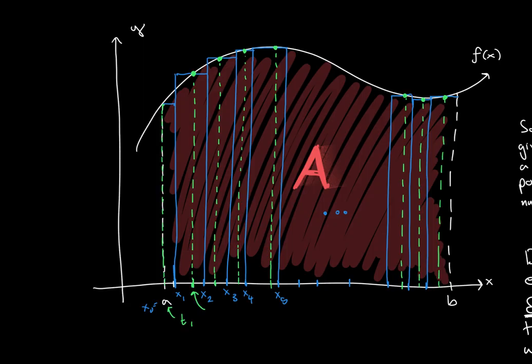This guy right here would be t sub 2, which is simply the tag for the second partition subinterval. This right here would be the tag for the third subinterval. T sub 3, and of course this is t sub 4 right here, t sub 5. They're just arbitrary points inside of the interval.